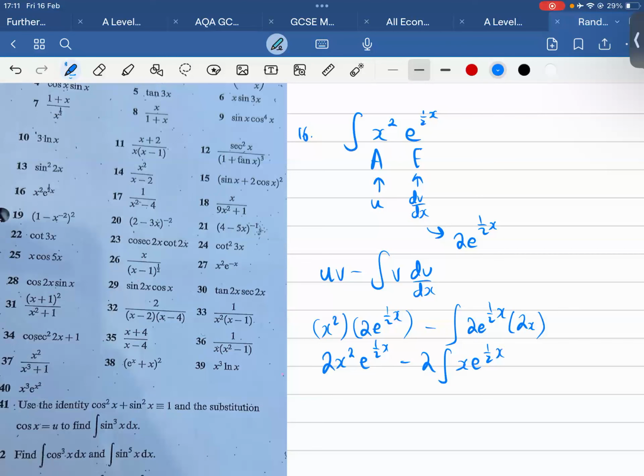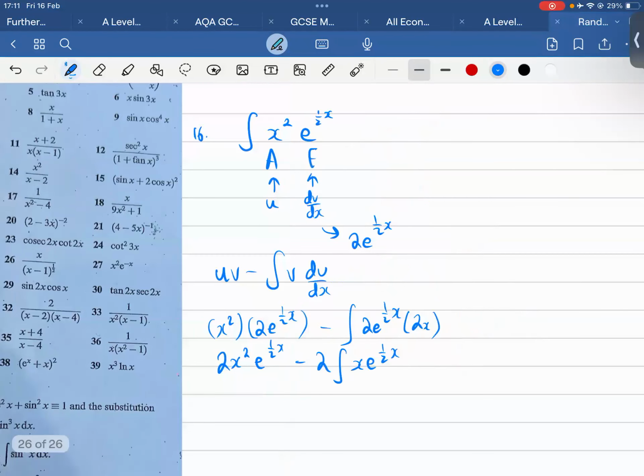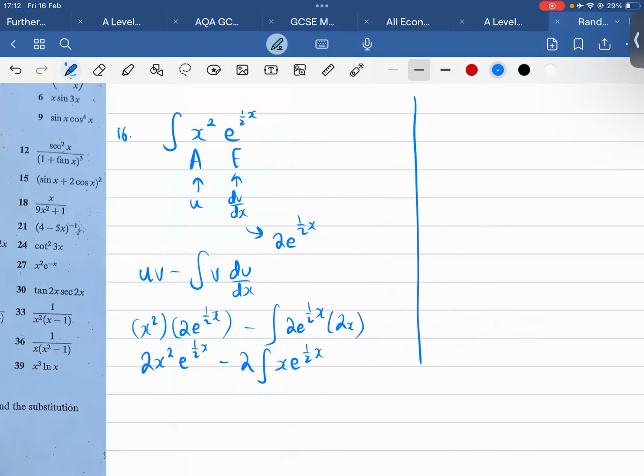Okay, so we have to do parts again. I can either do an arrow or a margin and just do that separately. That might actually be easier.